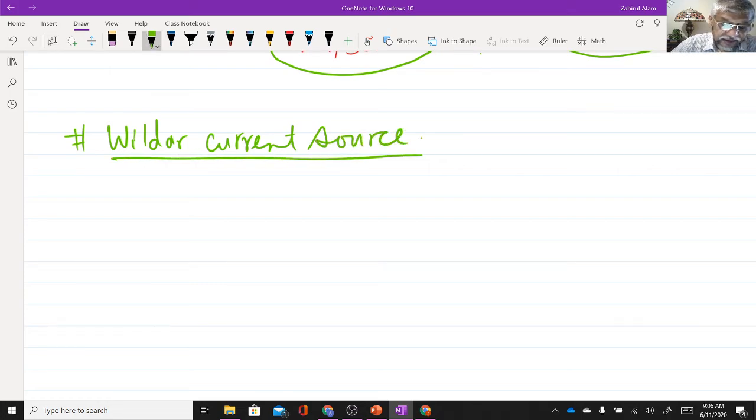So in this case, we need to design for very low current, and also we need to have high output resistance. Now this derivation is a little bit different than the previous 3 configurations.